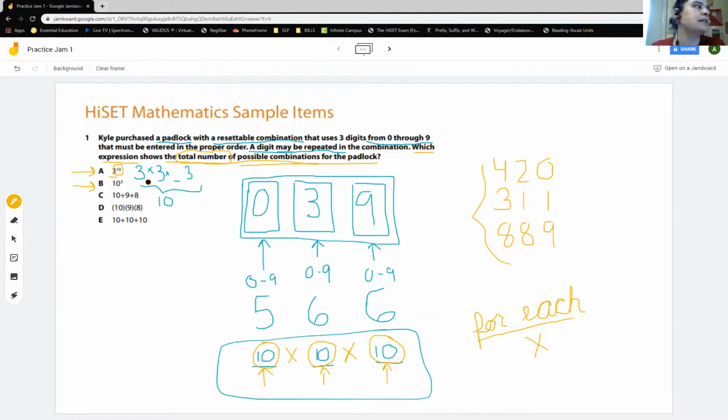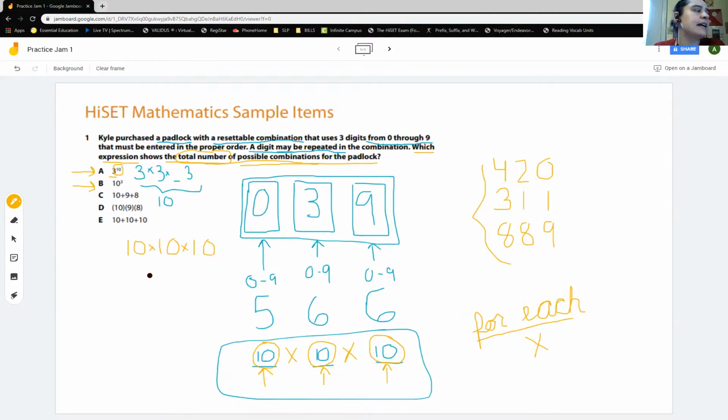So it's kind of the opposite of this situation. Instead of multiplying factor 3, we're multiplying the factor 10, and we're going to multiply the 10 3 times, right? So I've got 10 and 10 and 10, 3 factors of 10 being multiplied.